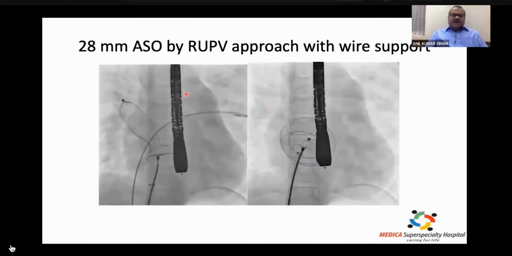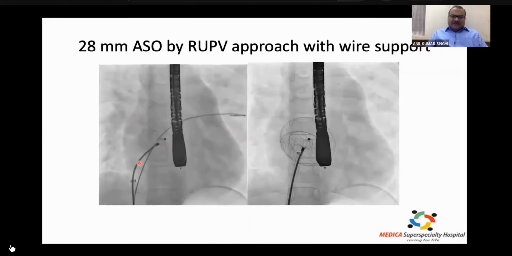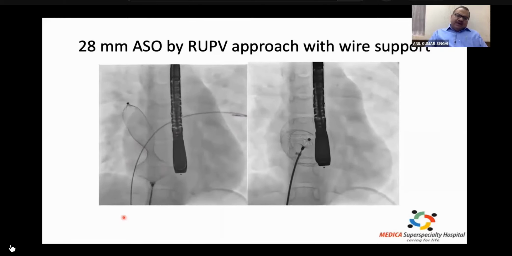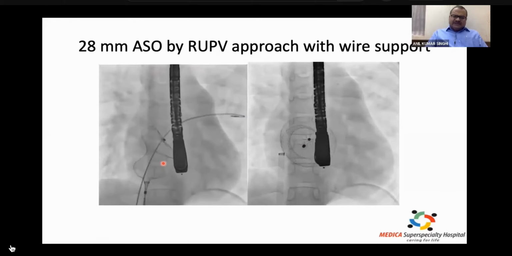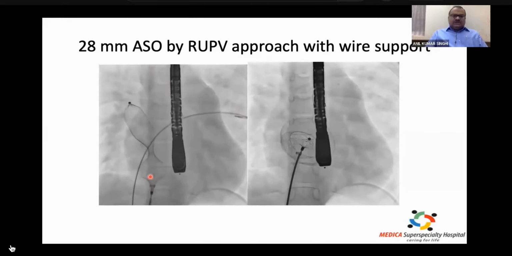So here we took a 28 millimeter atrial septal occluder in the right upper pulmonary vein approach with wire support. Another wire and catheter is kept in the left upper pulmonary vein, and under TEE guidance we closed the defect.